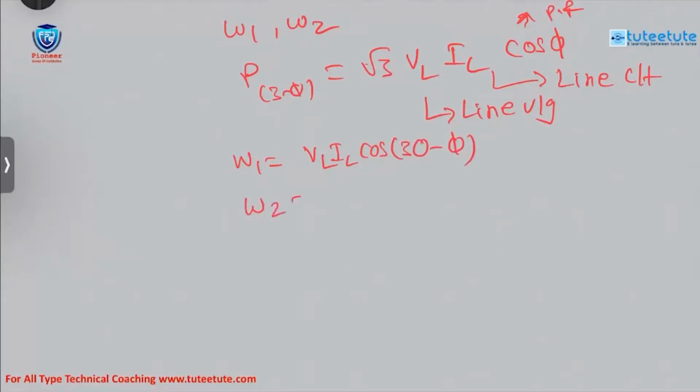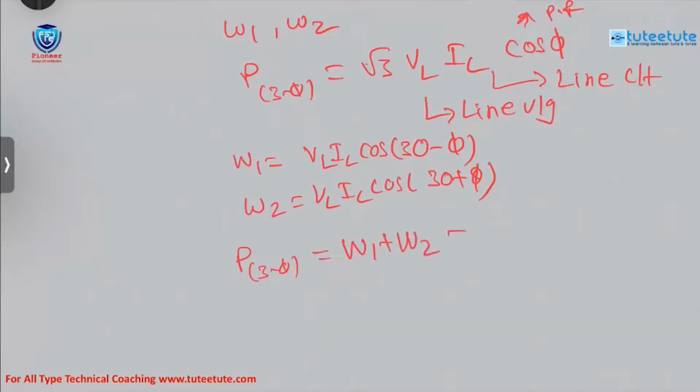W2 is VL IL cos(30 plus phi). So for getting three-phase power, if you add W1 plus W2, we will get this formula, root 3 VL IL cos phi.